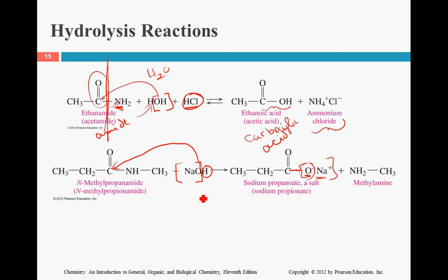And then from there, the nitrogen comes along and picks up that hydrogen. So it's NH here, it's NH2 on the right. Notice this is producing a salt, which once again is an ionic compound. And remember, an ionic compound can be seen by having that negative and positive interaction. And those are the two reactions that you will be learning with amides.